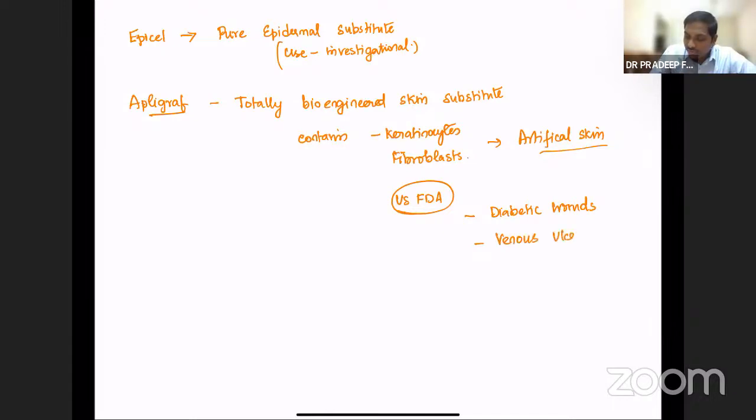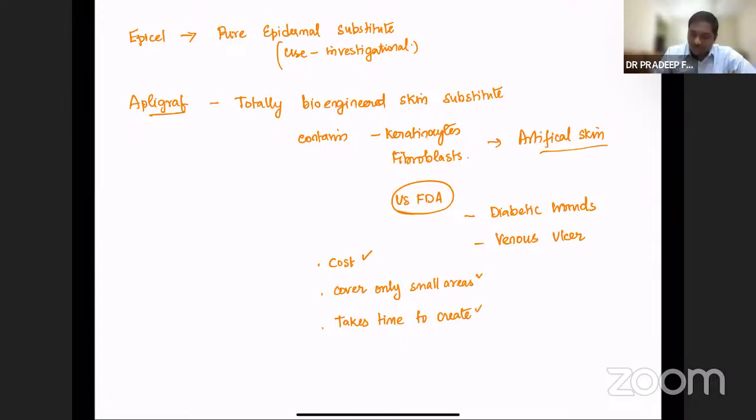ADrPLEXUS is a US FDA recommended artificial skin that has been used for closure of the diabetic wound as well as the venous ulcer. But the disadvantage is its cost is very high, and the second thing is it can cover only small areas. And it takes longer time to create the ADrPLEXUS.